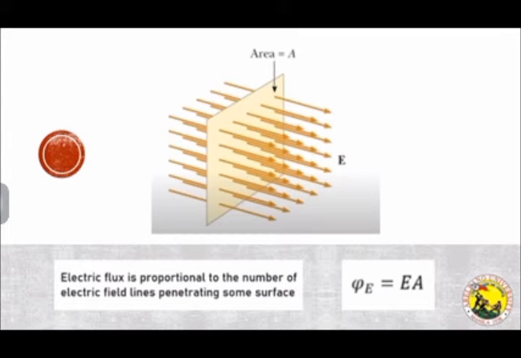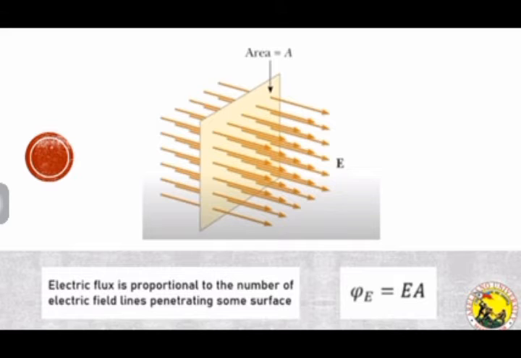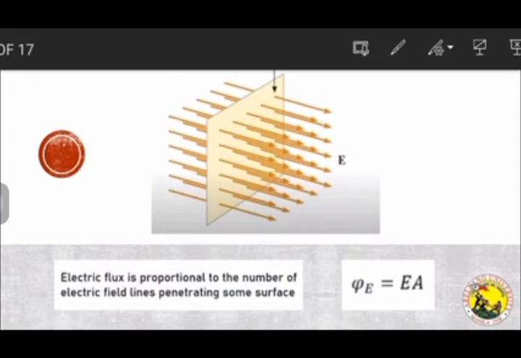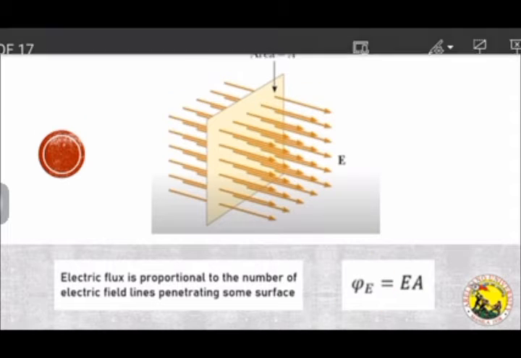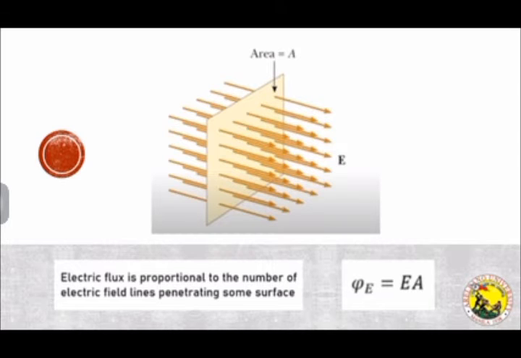Mathematically, it is the equation. This symbol is called phi sub E. So, phi sub E equals E times A, or you can say electric flux is equal to the product of electric field and area.